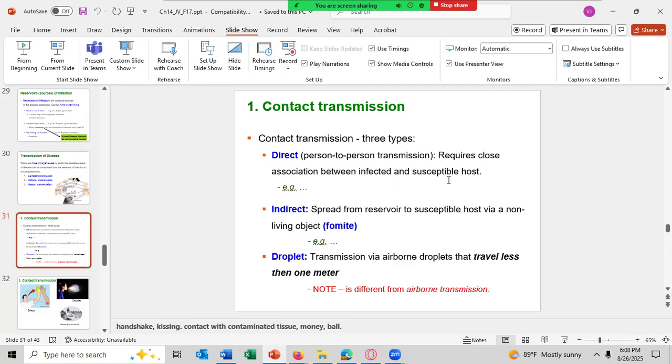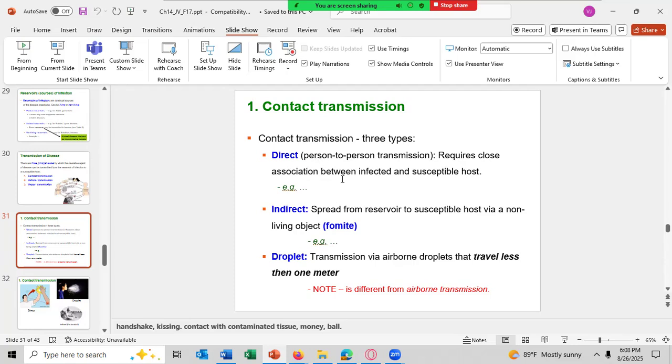The susceptible host picks up the disease-carrying organism. Their hand cannot be infected, but they can then touch a mucous membrane in their face and then become infected. And that's considered direct person-to-person transmission. Another would be when somebody's sick and they kiss their significant other.